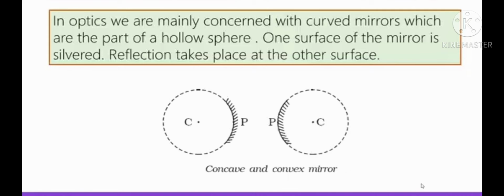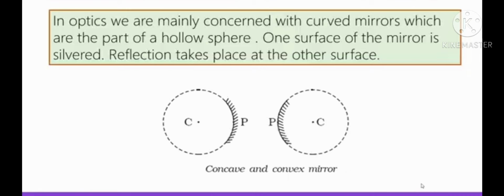If we draw the surfaces as shown in the figure, see the curved surface. We can see two surfaces. One is concave and another one is convex. We can make curved mirrors by using these curved surfaces.